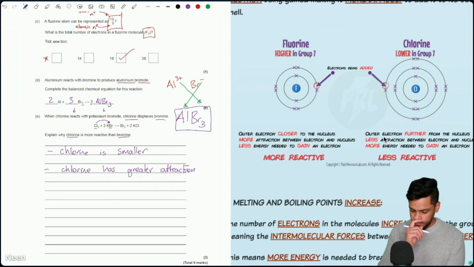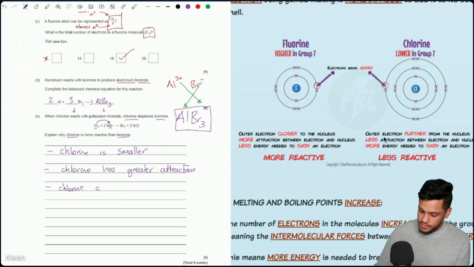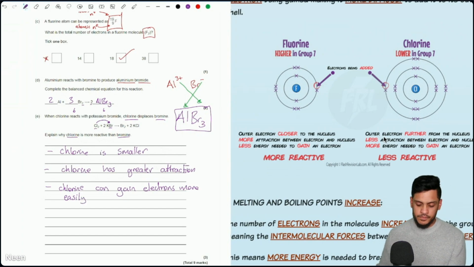Bromine has less attraction. That means chlorine can gain electrons more easily. Does that make sense? Let me know if you want me to re-explain that.